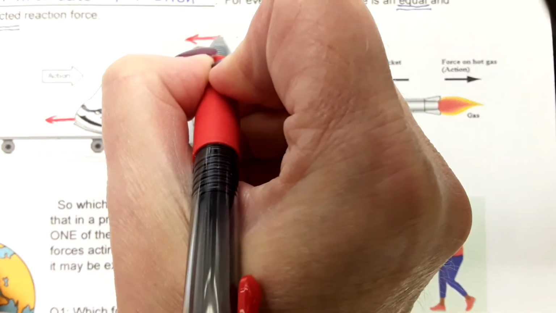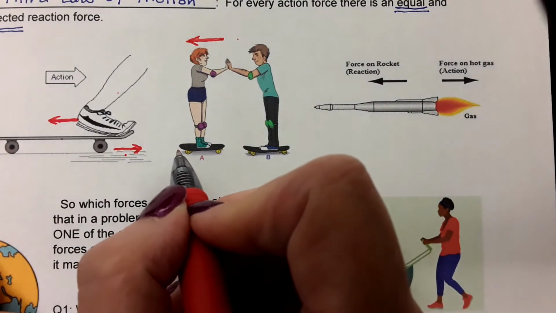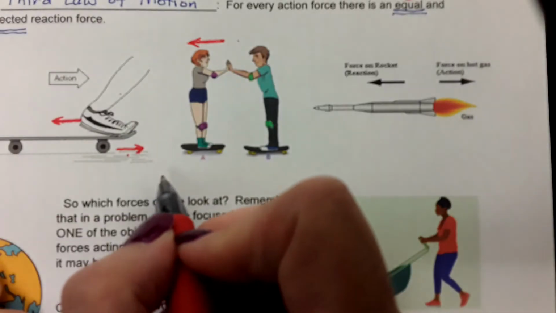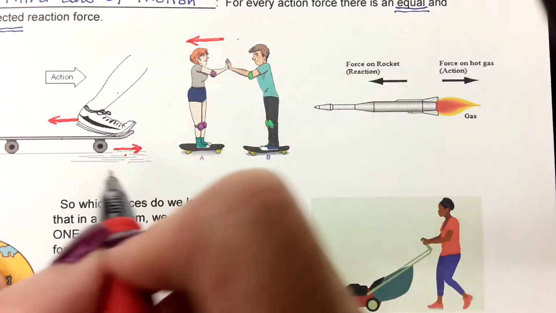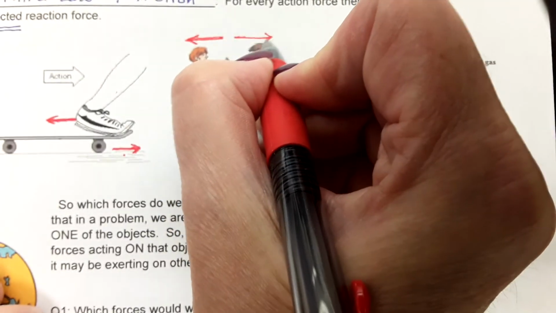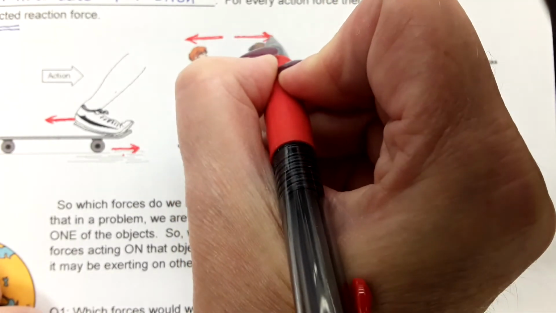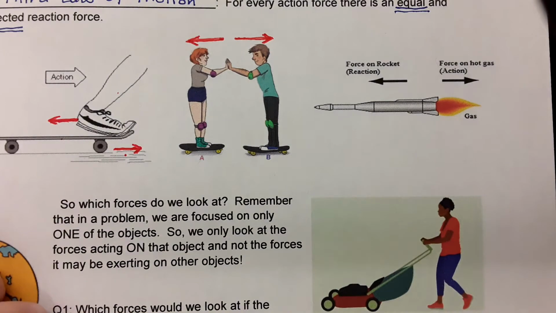And of course, the result of that force is that she'll roll to the left. But when you exert your force, her body, without her even trying, her hands are going to exert an equal and oppositely directed force back on you. So what will you do? Well, you'll roll to the right, won't you?